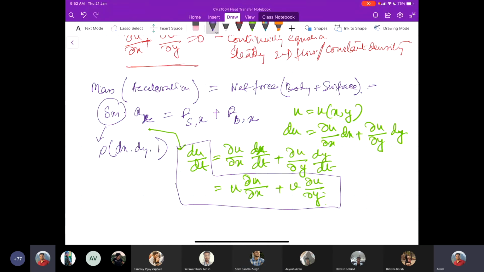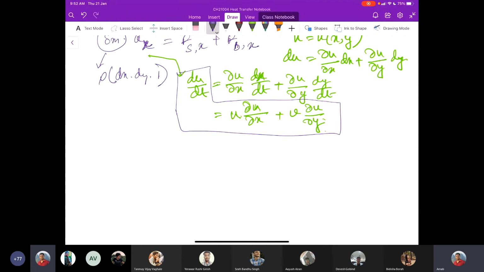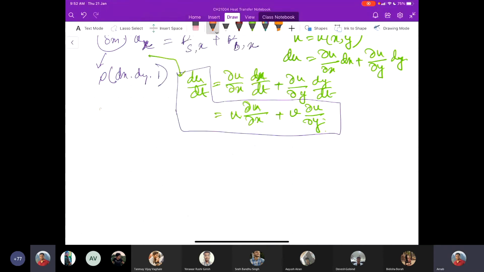Now for the two-dimensional control volume, if we draw it, the scenario is something like this: you have a control volume of size dx by dy.